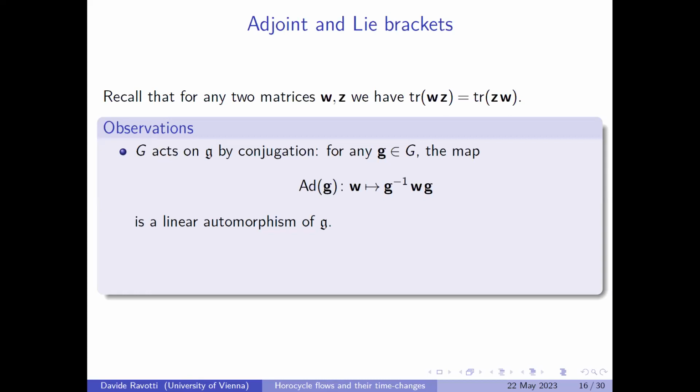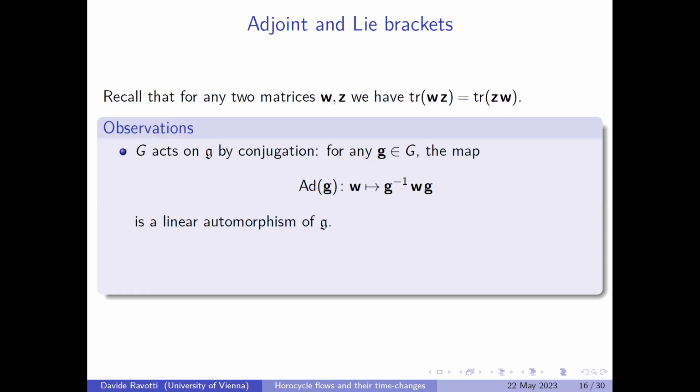You can check that this is a linear map. It's invertible, the inverse being Ad g inverse, and it maps little g into itself.